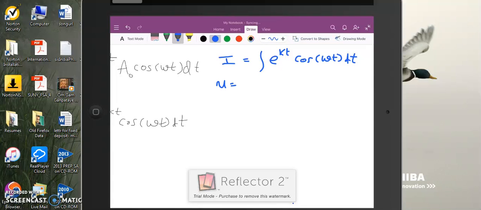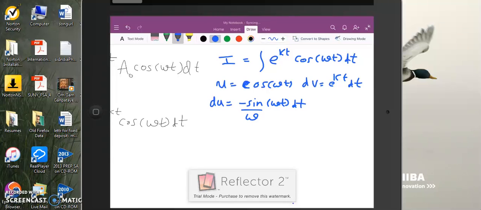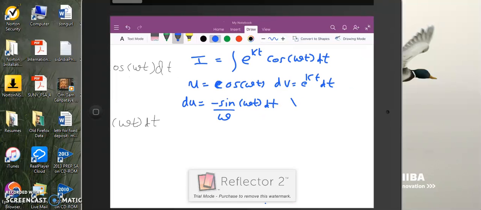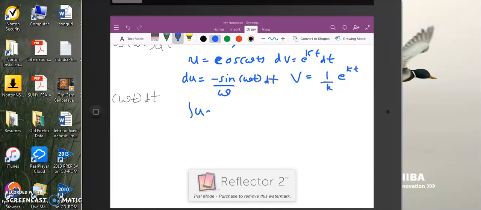Let u equal cosine of omega t and dv equals e to the kt dt. We have du equals minus sine of omega t dt over omega, and we have v equals 1 over k e to the kt, as integral of u dv equals uv minus integral of v du.